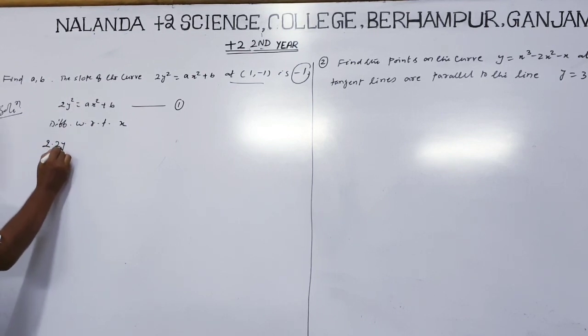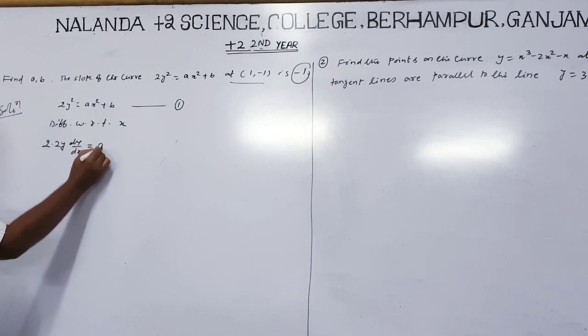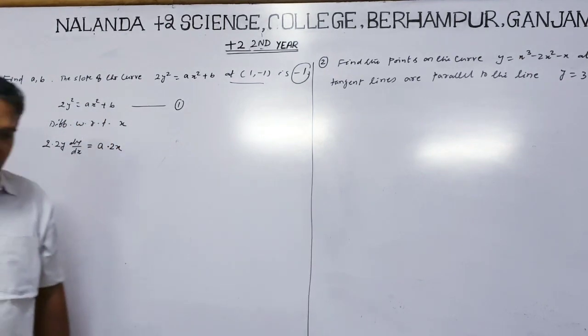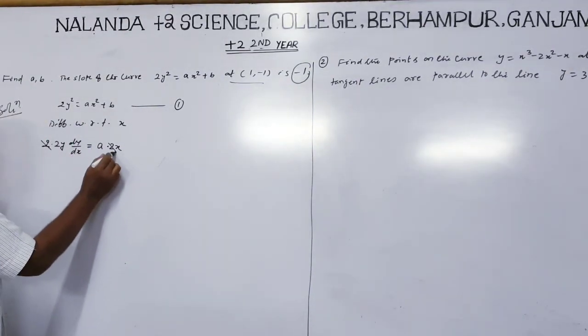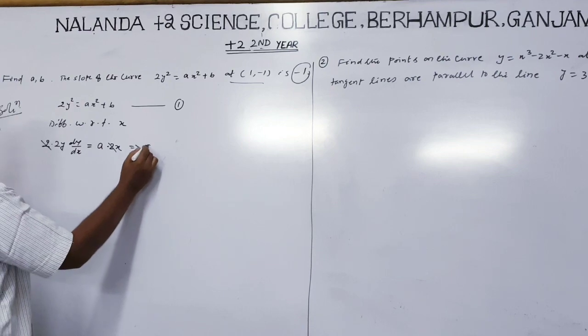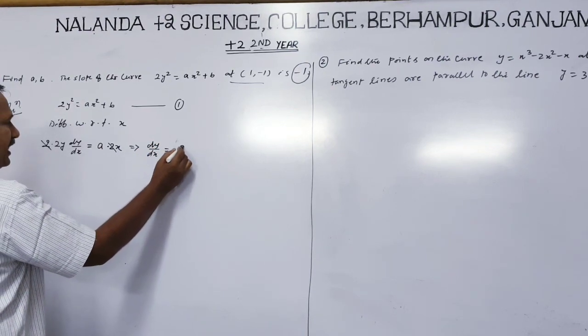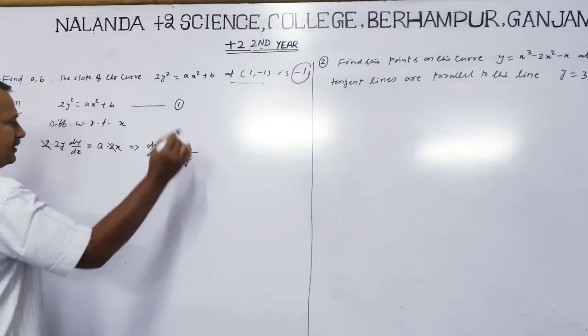It is 2y dy by dx, equal to a times the derivative of x square, which is 2x. What is the derivative of a constant? 0. Now 2 cancels out, so dy by dx equals ax divided by 2y.